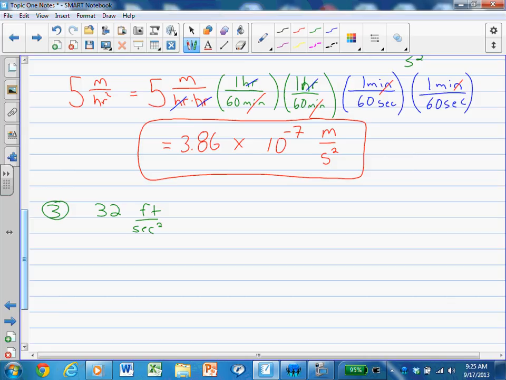Okay, Spencer steps up to the plate. He underlines, puts over 1. He likes the over 1 concept. Not a bad idea. He's saying that there's 12 inches in 1 foot. He sees his feet are on the bottom, so they'll cancel with the feet on the top. Or numerator, denominator is your fancy terms.